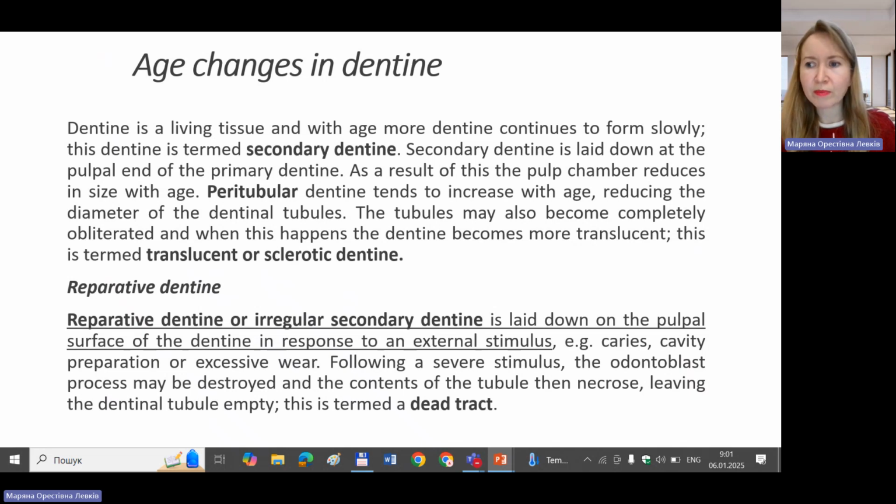The tubules may also become completely obliterated, and when this happens, the dentine becomes more translucent, and this is termed translucent or sclerotic dentine.